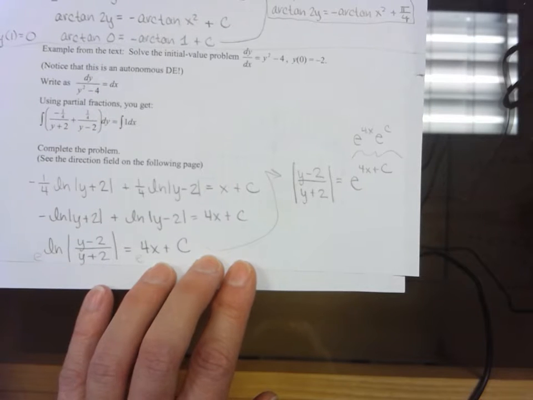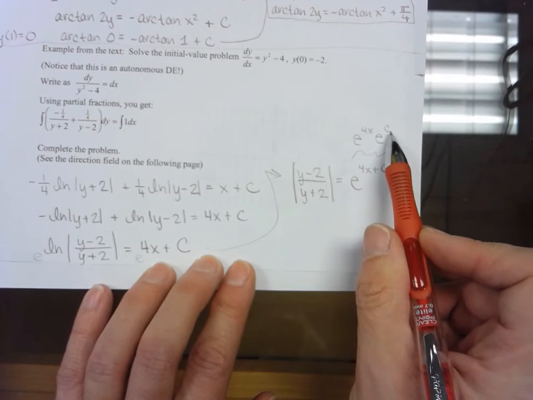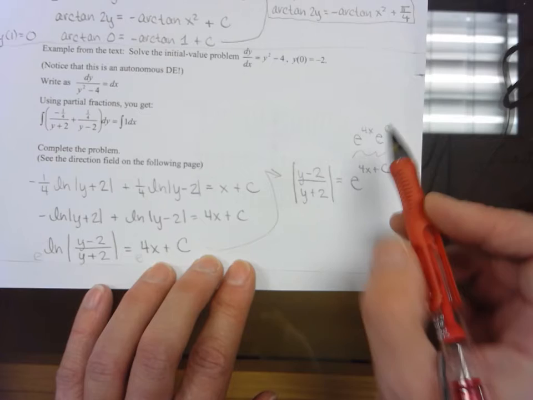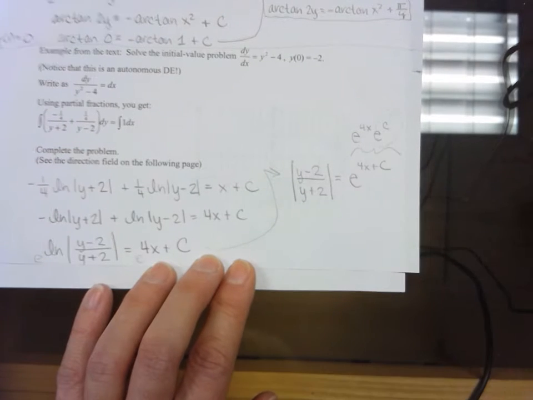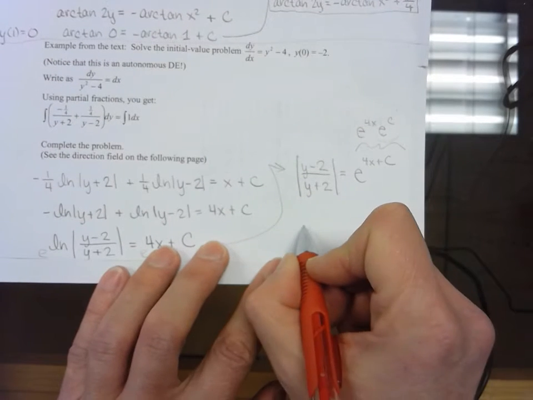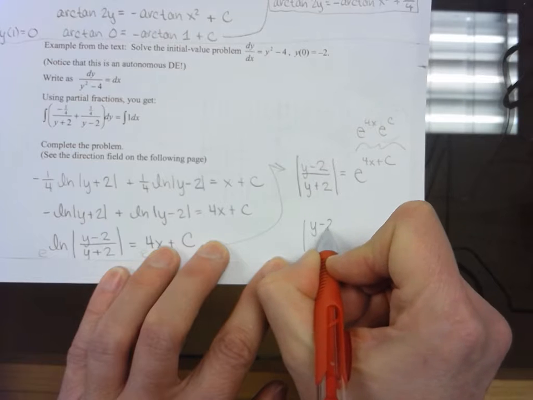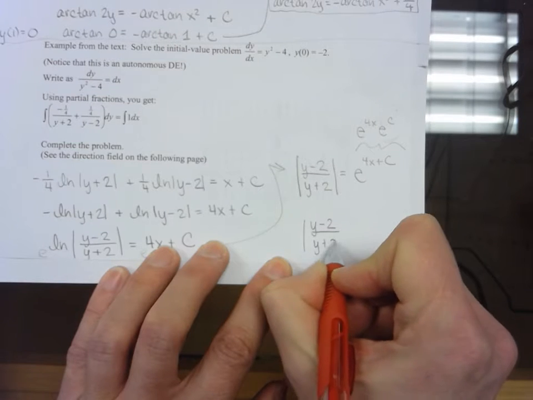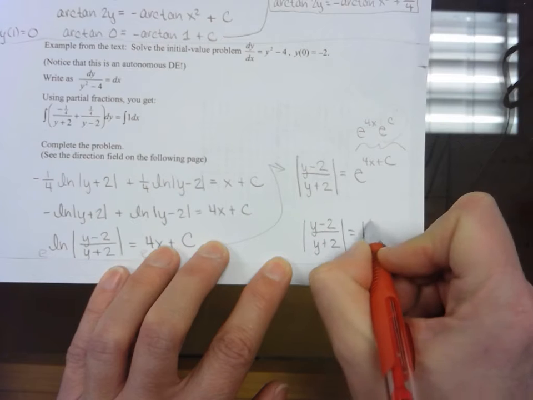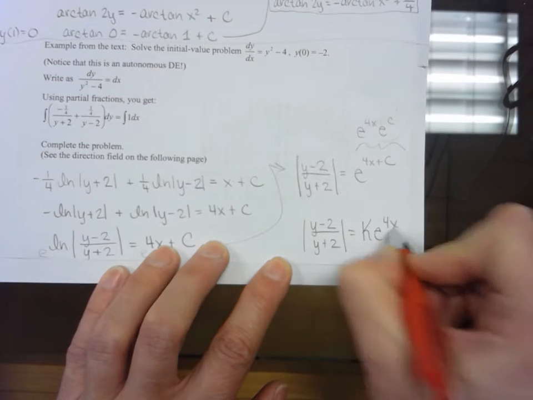If you have the common base, multiply together, you add exponents. And then e is a constant, c is a constant, so this whole thing is a constant. I'm going to call it a k this time. So I'd have absolute value of y minus 2 over y plus 2 equals k e to the 4x.